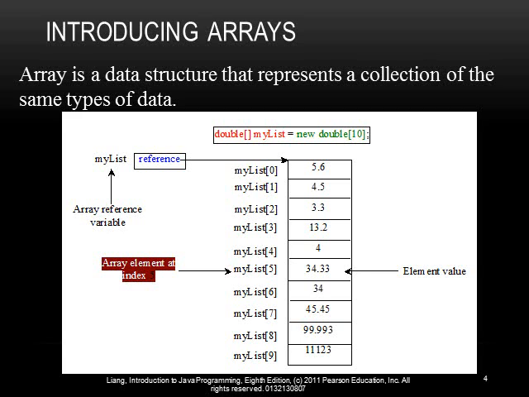That is, it contains an address or a pointer into memory where your array resides. It does not contain the array elements, only an address, a reference to where the array exists in memory. In practice, we refer to the variable name as the array. So in this case, when you tell me myList, I know you're referring to your array.